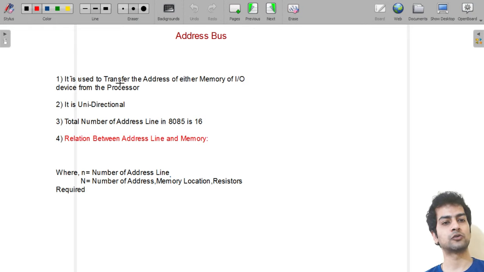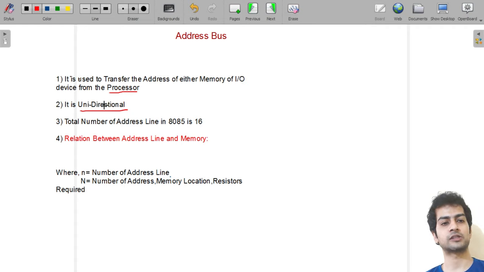Address bus is used to transfer the address of either memory or input output device from the processor. It means the address of an input output device or the address of memory is always originated from the microprocessor. So as I am saying that addresses are originated from the microprocessor, we can say that address bus is unidirectional.